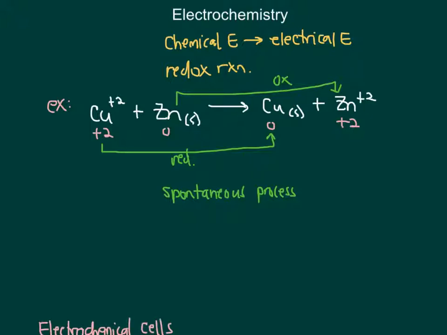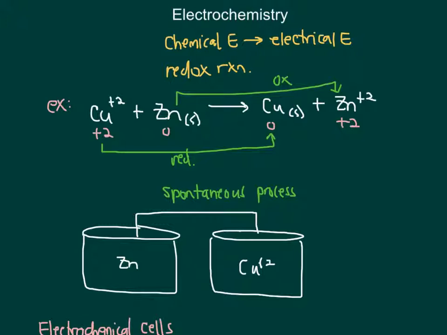So if we could separate these two processes, the oxidation process and the reduction process, into two separate containers and run a wire between the two, like this, then when the zinc gives up its electrons, those electrons can travel through that wire, so in this direction, into the copper solution, and that will just happen spontaneously.